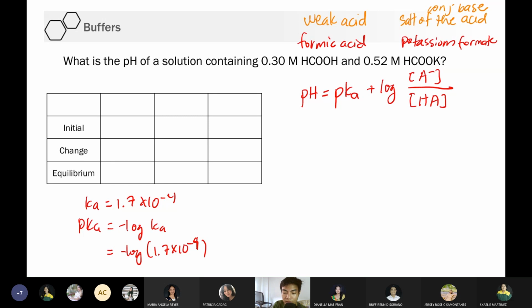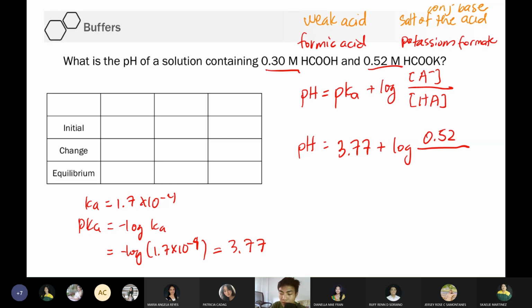1.7 times 10 raised to negative 4. So solve natin yung pKa. That's 3.77. Okay. So pKa is 3.77 plus logarithm concentration ng conjugate base, which is 0.52, and the concentration of your acid, 0.30.